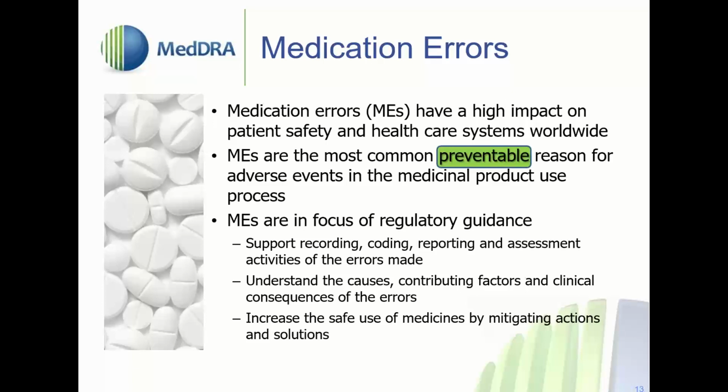Depending on countries and regions, authorities support the recording, coding, reporting, and evaluation of these errors in order to gain new insights into the extent and causes of medication errors, and to develop improved strategies for their prevention to protect patient safety, but also to reduce healthcare costs. The costs associated with medication errors could be much better used in other areas of the healthcare system.